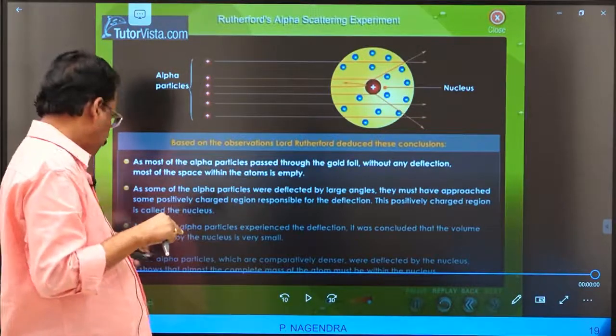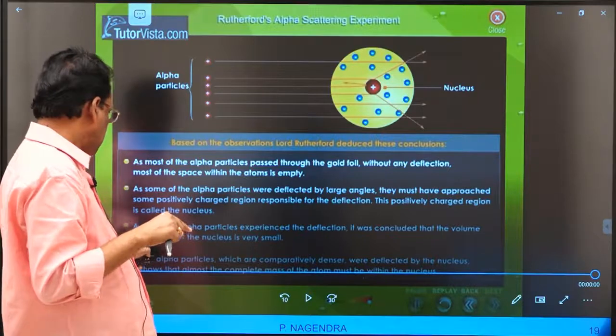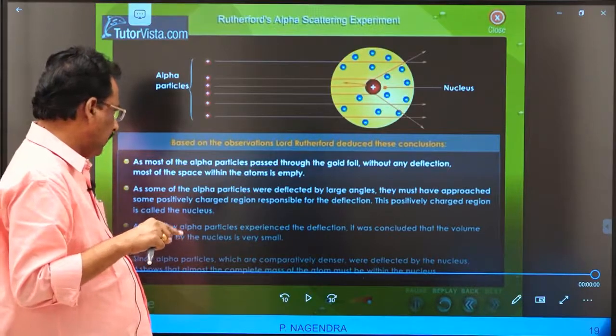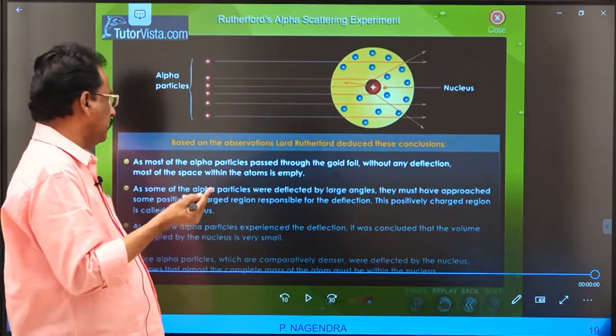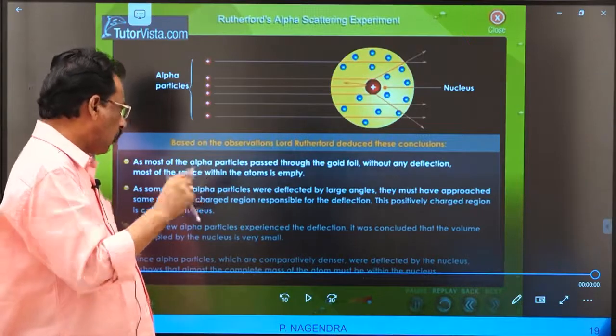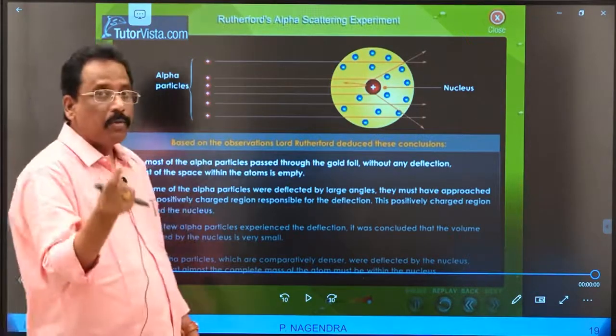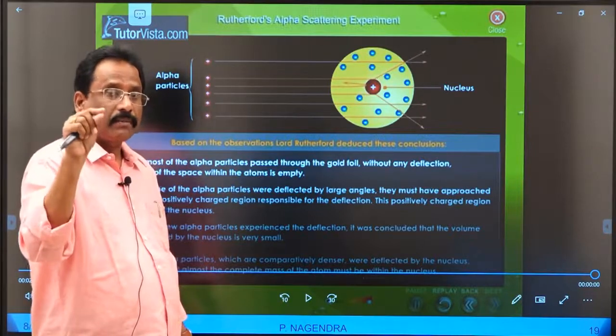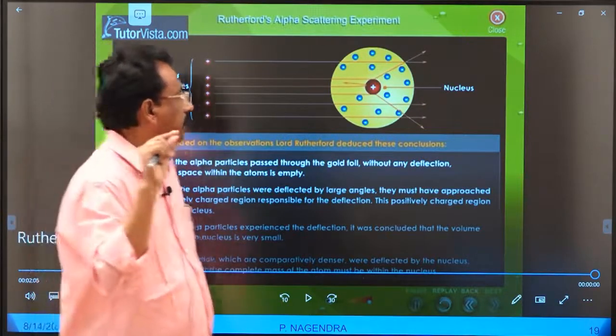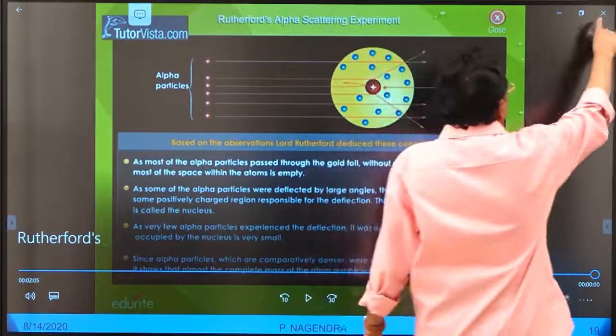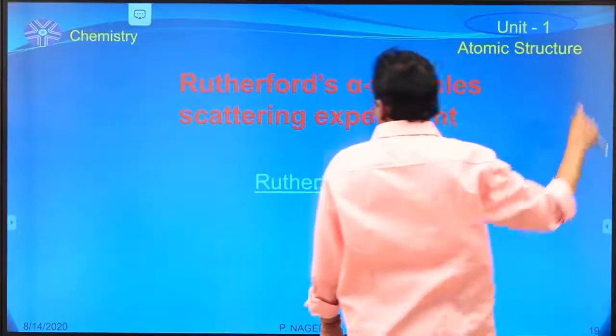And the fourth point is the alpha particles, which are comparatively denser, that means their mass is more, but are deflected by the nucleus. This indicates almost all the mass of the atom is concentrated at the center part of the atom, which he called the nucleus.